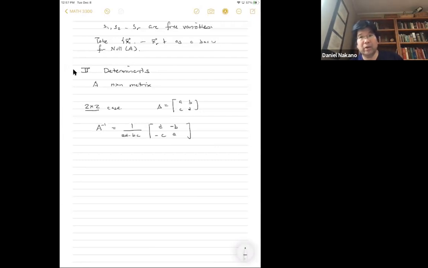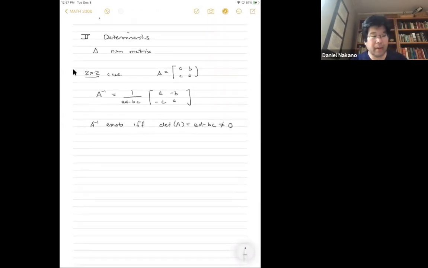You can see from the formula that the inverse exists if and only if AD minus BC is not 0. So A inverse exists if and only if the determinant of A, which is equal to AD minus BC, is not equal to 0. Okay, so what happens in the n by n case?